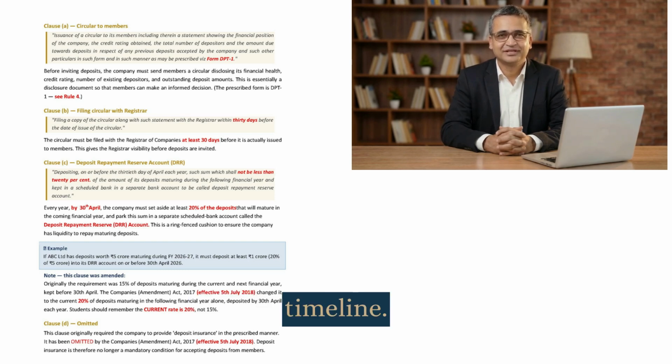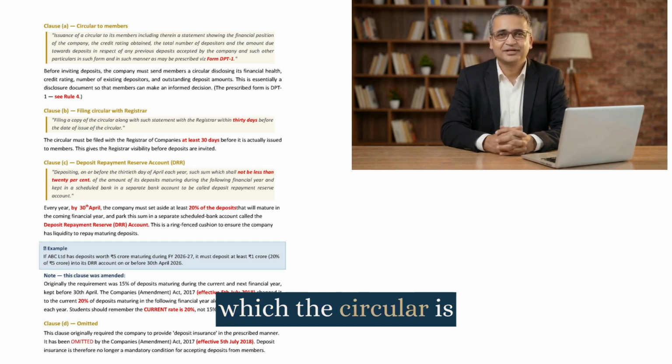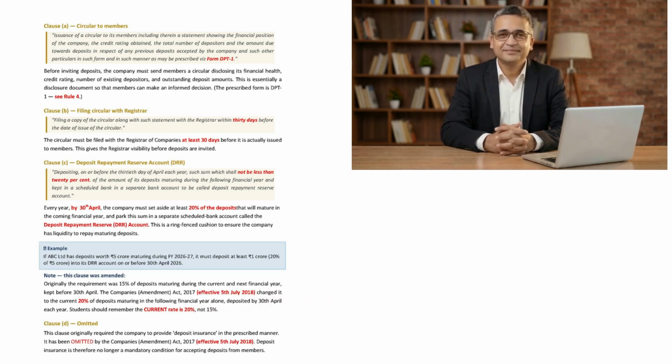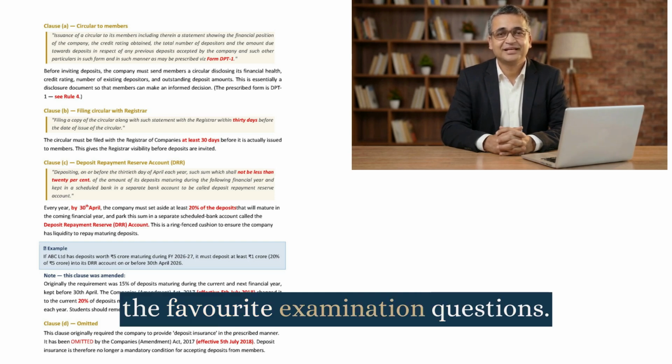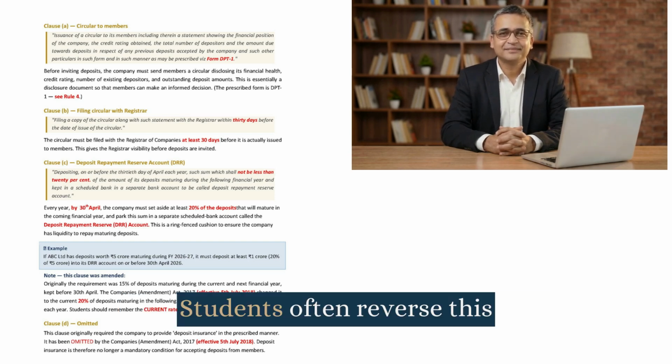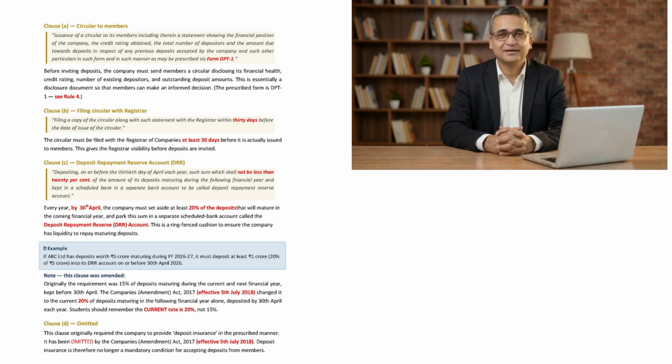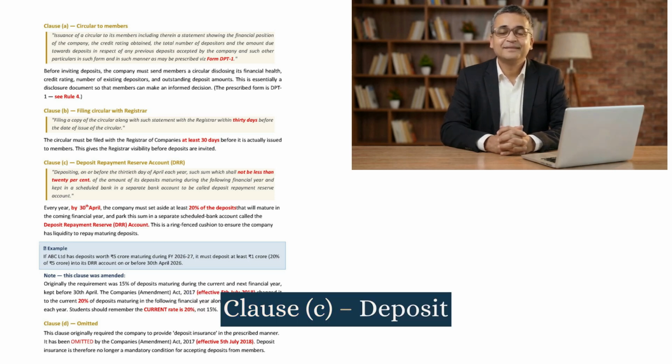And there's an important timeline. It must be filed at least 30 days before the date on which the circular is issued to the members. So remember the sequence. Prepare DPT-1, file with ROC, wait for the prescribed timeline, then issue it to members. This is one of the favorite examination questions. Students often reverse this order. Don't make that mistake.